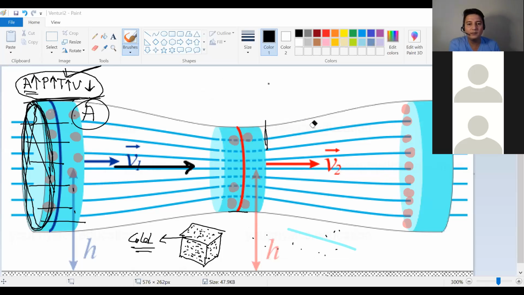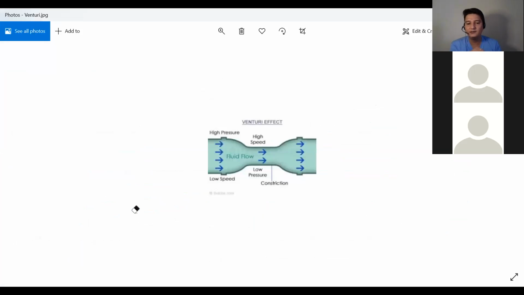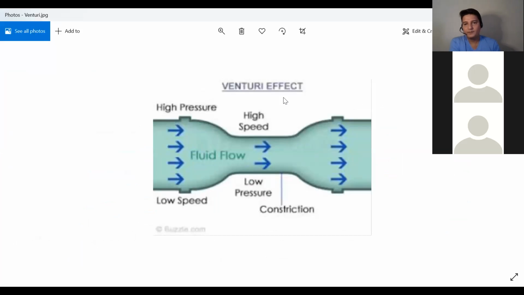Now I'll show you another picture of, again, a venturi. This is where Bernoulli proved this theorem. Bernoulli said that whenever air or water or anything is passing through this pipe, and the pipe is bent from in between, it's called a venturi.